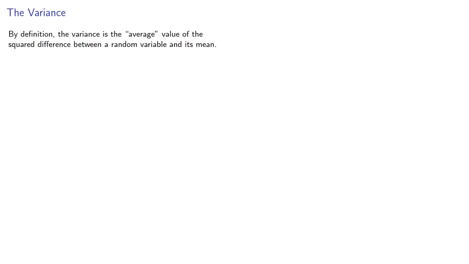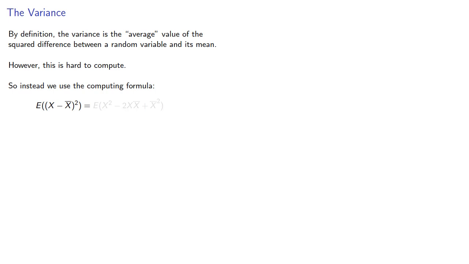By definition, the variance is the average value of the squared difference between a random variable and its mean. However, this is hard to compute. So instead, we'll use what's called the computing formula. So let's take that apart. The expected value of the square of the difference, we can expand that. The linearity allows us to break this apart.